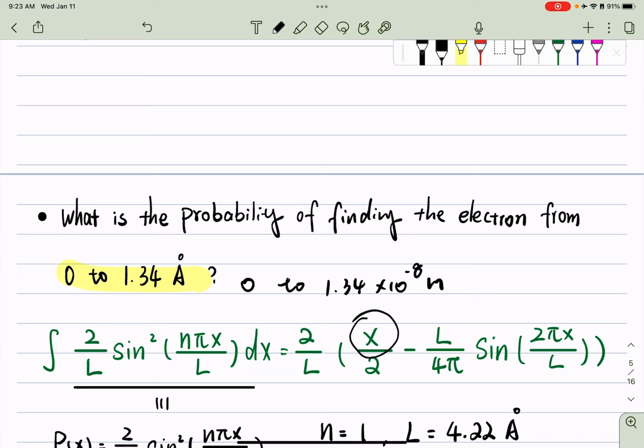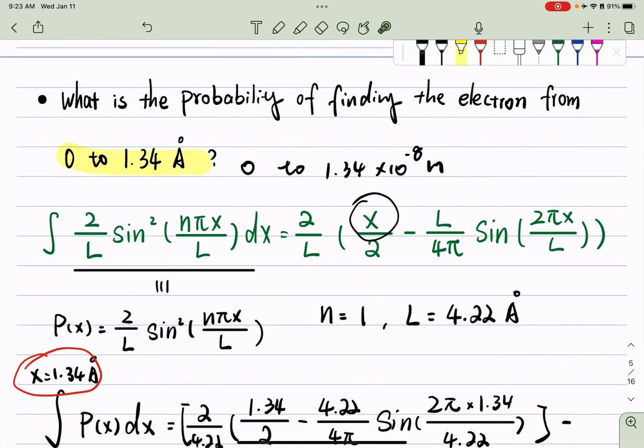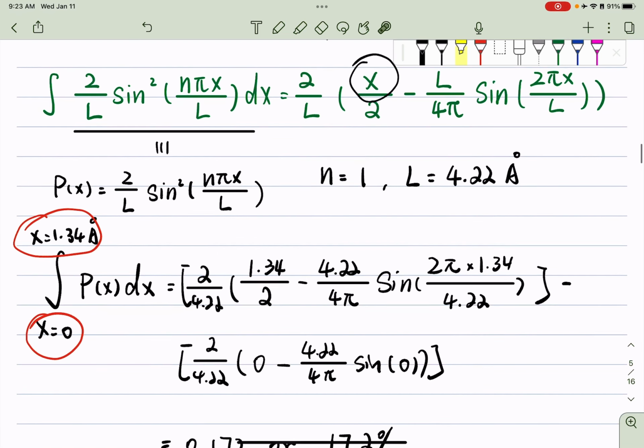Yes? Why did you round some numbers to 0? So I did not round some numbers to 0. It's just because the question is asking for the electron from 0 to 1.34. What that means is, in my integral, I'm doing my integral from 0 to 1.34.